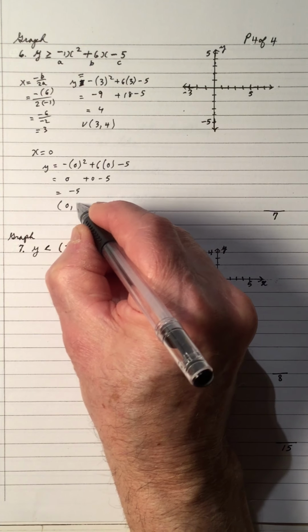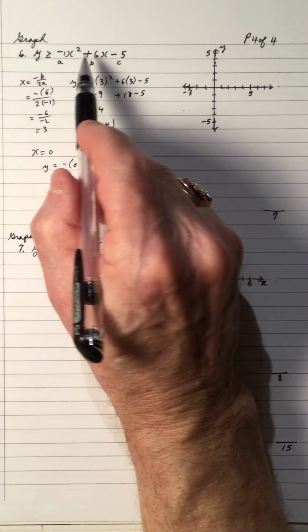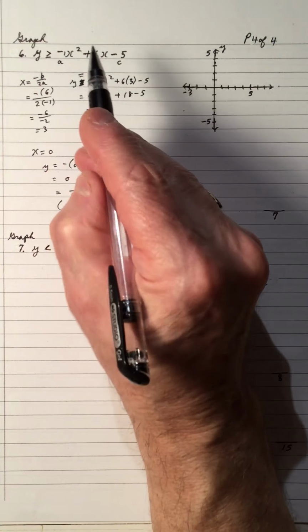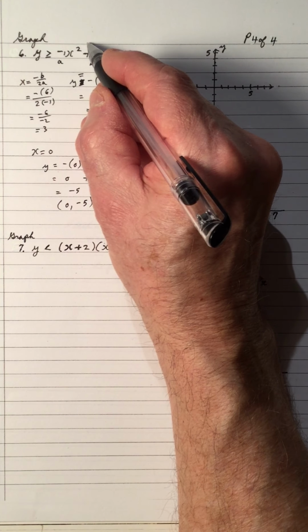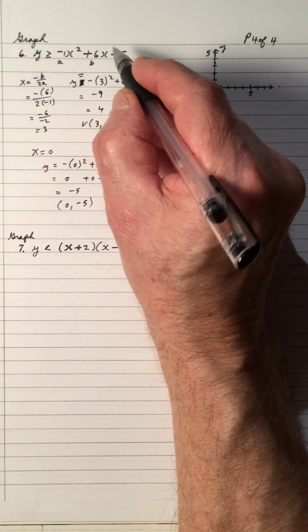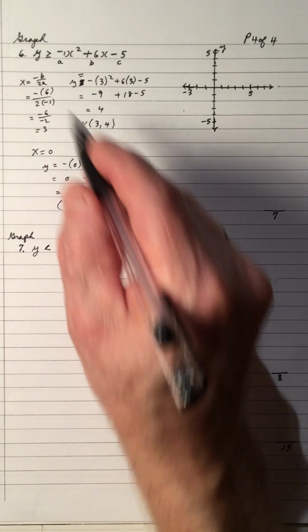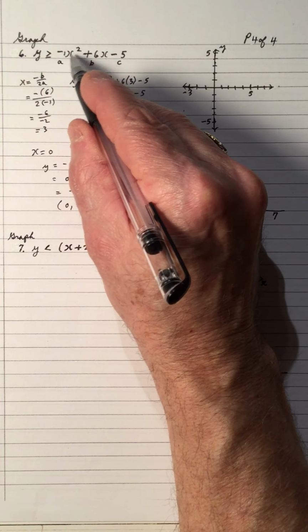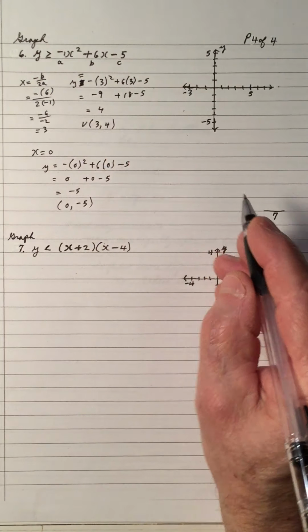So when x is 0, y is negative 5. And besides that, just look up here. If you let x equal 0, this term becomes 0. This term becomes 0. So the y-intercept is the number on the end, which is negative 5. Without plugging it in, you can do it in your head and say, that's a 0, that's a 0, that's gone, so it's just negative 5.